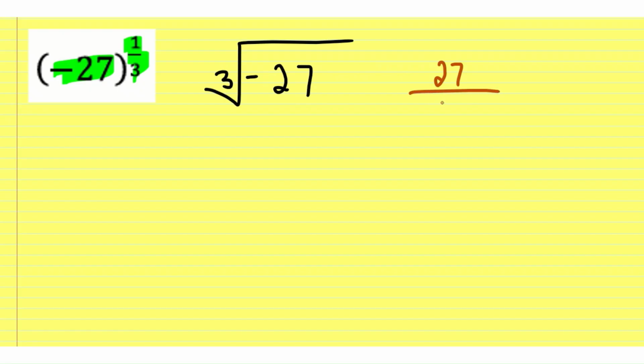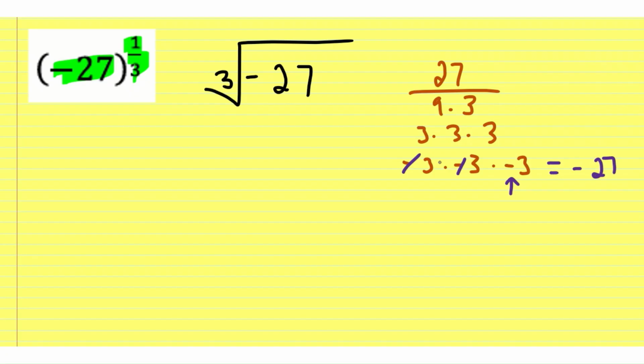I can break that down into 9 times 3, and then 9 can break down into 3 times 3 times 3. Because this is a negative, I can do -3 times -3 times -3. Two of these negatives would cancel each other out, but I would still be left with another negative, so 3 times 3 is 9 times 3 is 27, and the final answer would be -27. So I can break down this -27 into -3 times -3 times -3.